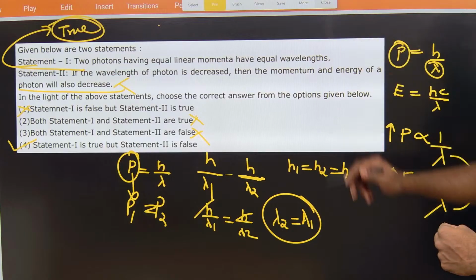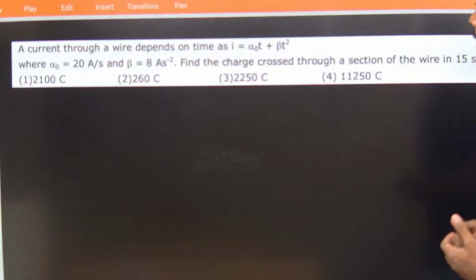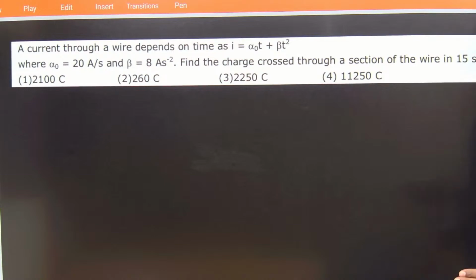Okay, the next question is: a current through a wire depends on time as I is equal to alpha t plus beta t square, where alpha is 20 and beta is 8. Find the charge crossed through the section of the wire in 15 seconds.